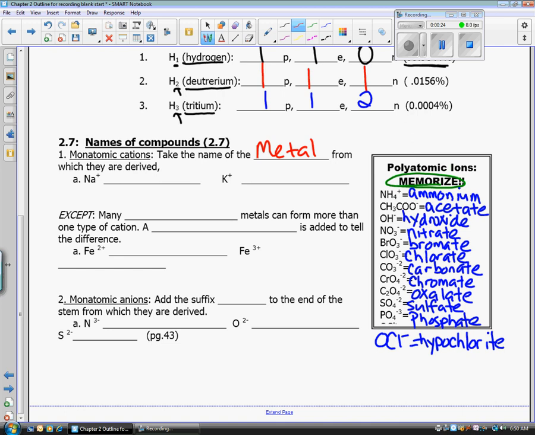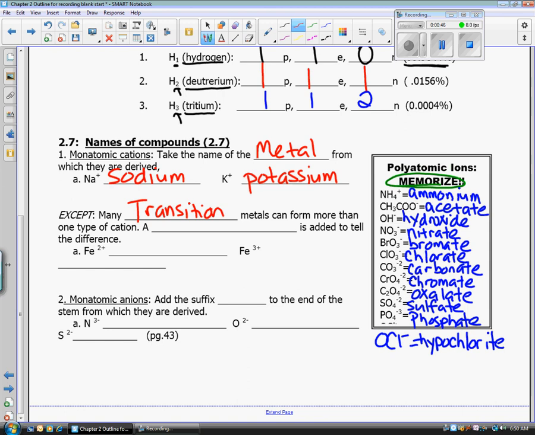So Na+, so if it starts with Na, the first word is going to be sodium. If it starts with K, the first word is going to be potassium. The only exception is that many transition metals can form more than one type of cation.